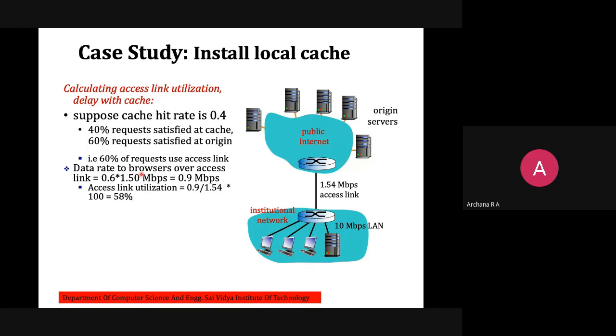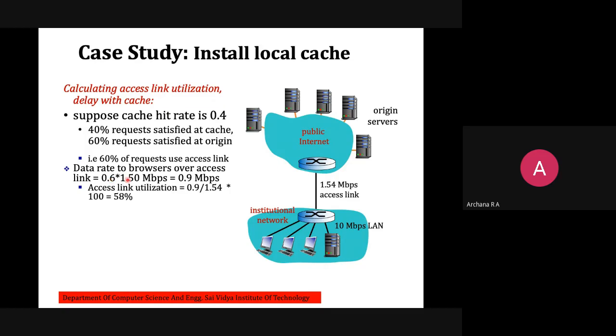Since only 60% of the requests use the access link, it is treated as 0.6 times the data rate at the browser, because through the browser itself you want to access the origin server. So the browser is going to contact the server.